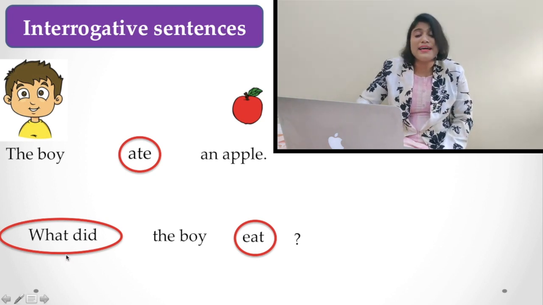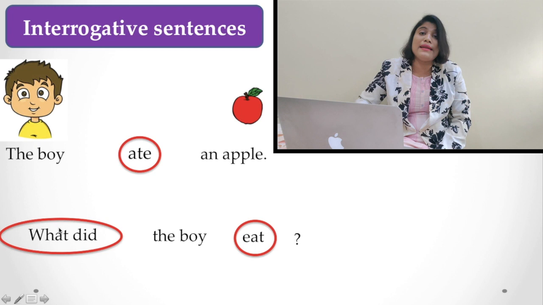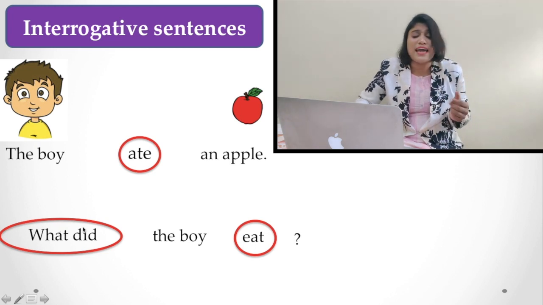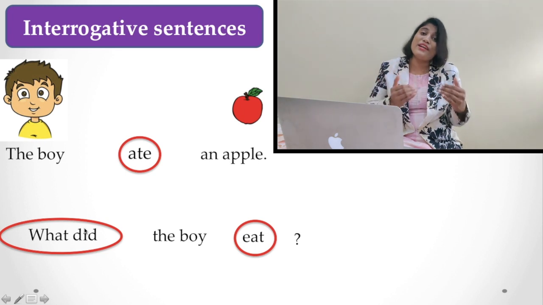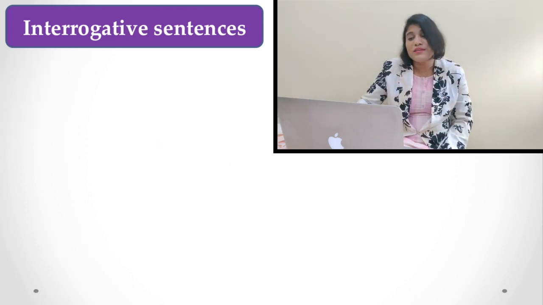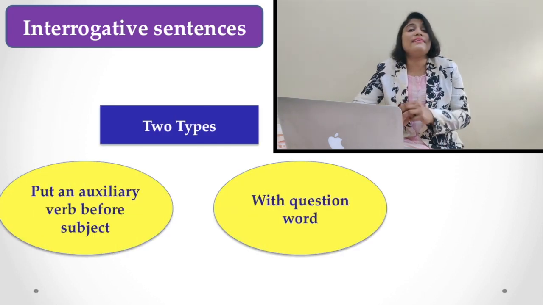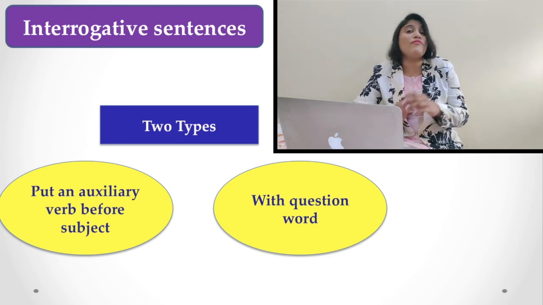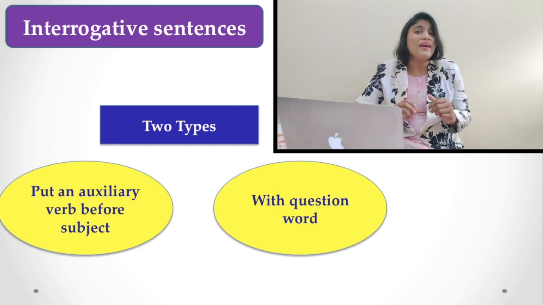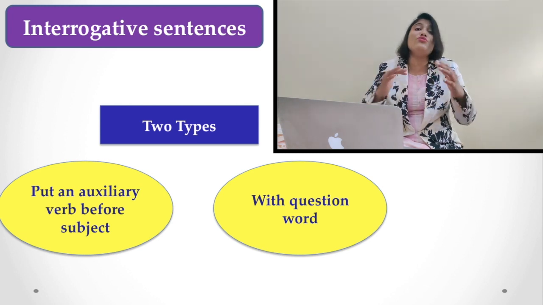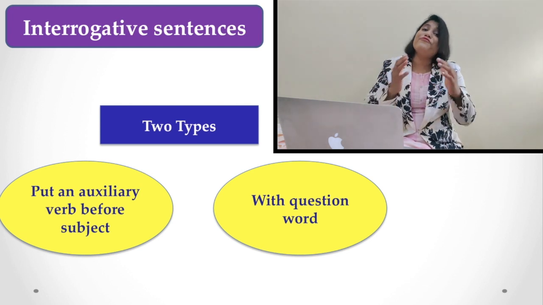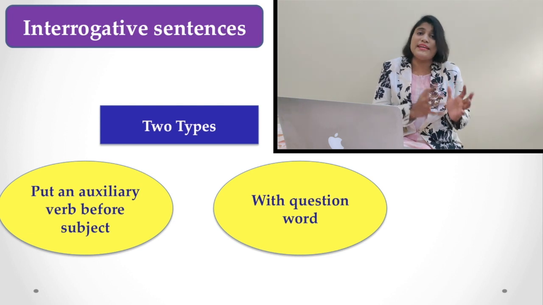Here you find that you have to put a question word and the auxiliary do to make that sentence an interrogative one. So there are two types of interrogative sentence, or in other words, two ways you can form an interrogative sentence.